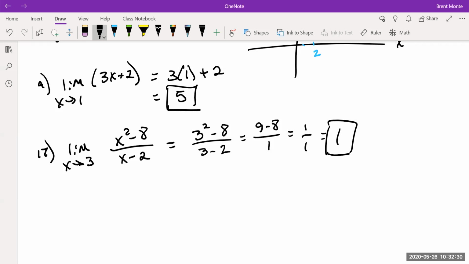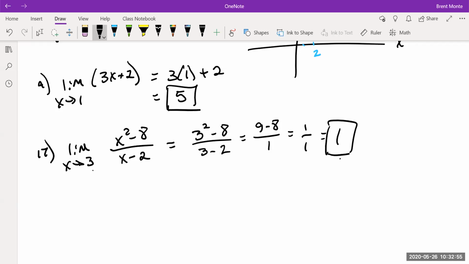Now, the reason both of these work, I could graph both of those functions. On problem 9, I can graph y equals 3x plus 2, the line. That line goes through the point x is 1, y is 5. It's just a point on the graph. Similarly, the point x is 3, y is 1, (3, 1), is a point on the graph of y equals x squared minus 8 over x minus 2.